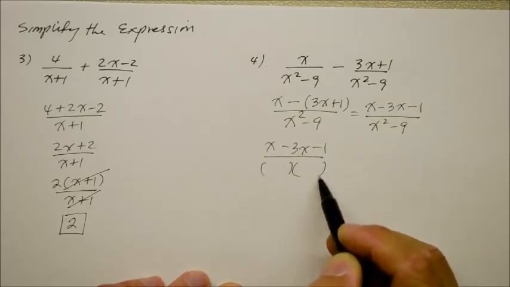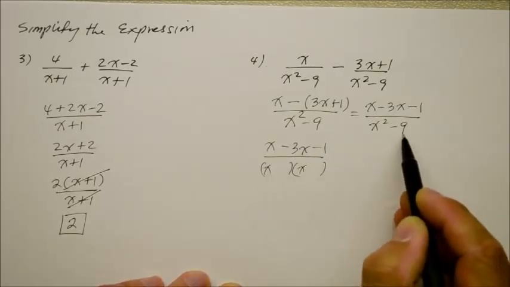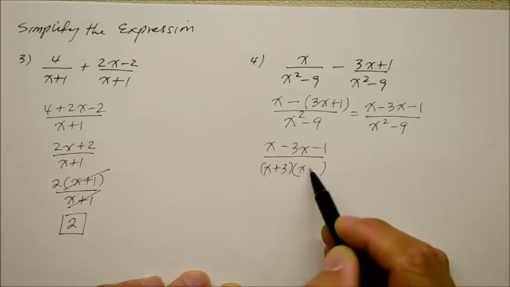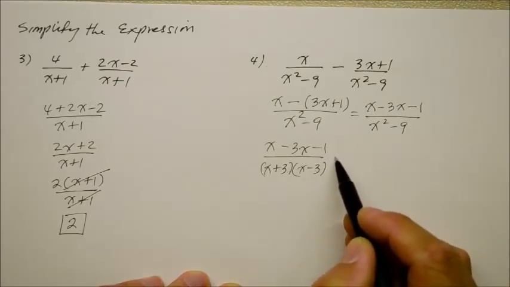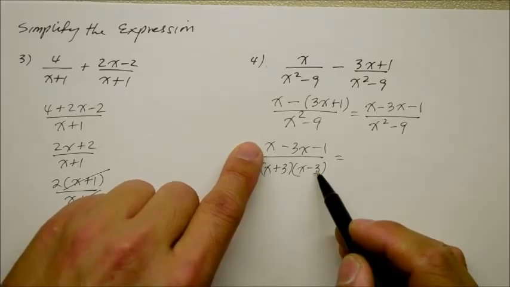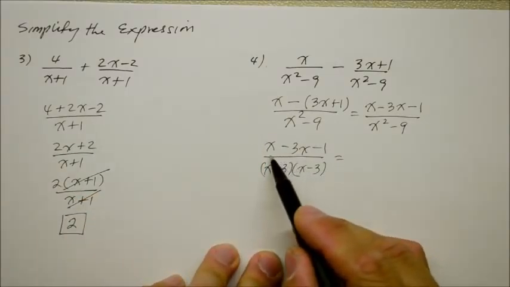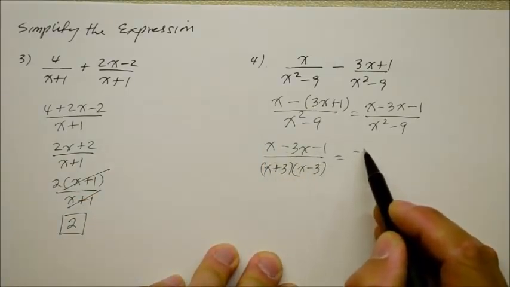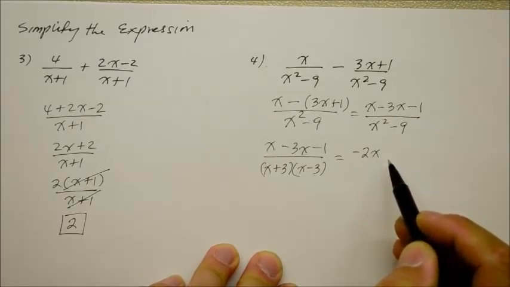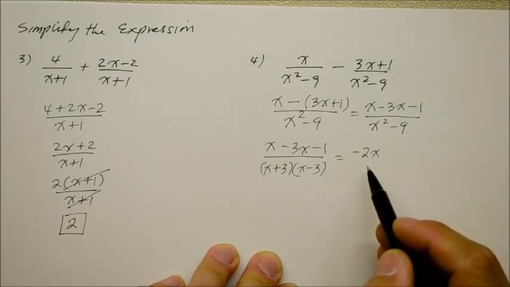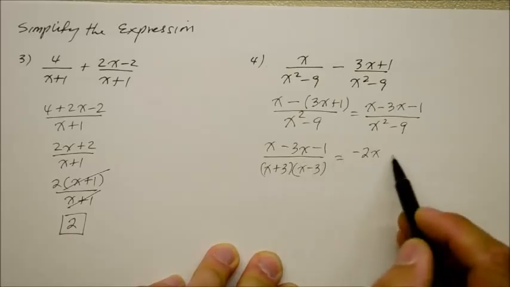What times what is x squared? x and x. What times what is negative 9? Plus 3, minus 3. Now that we know, let's go ahead and combine the like terms on the top. Let's see. x minus 3x is minus 2x. And minus 1.